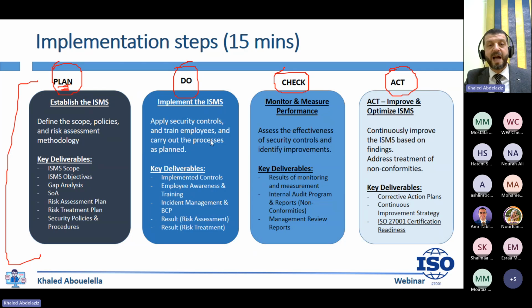Now we need to address these non-conformities and implement corrective actions. Maybe we need to refine the policy, maybe we need to change the risk mitigation strategy, but we need to act accordingly after identifying the issues in our information security management system.